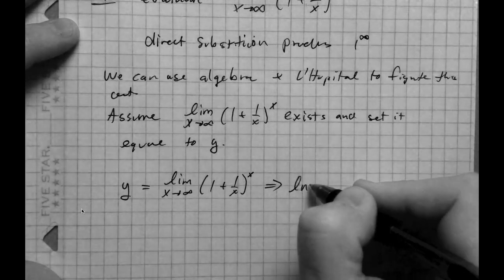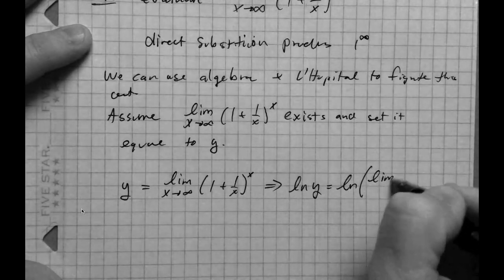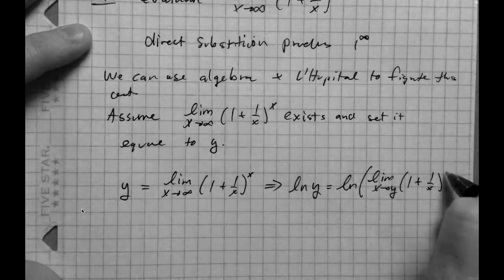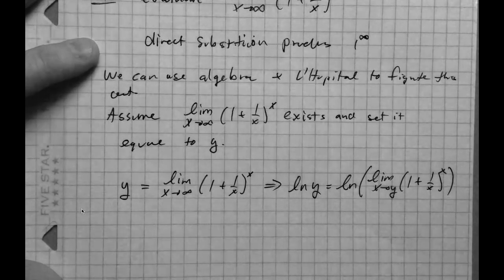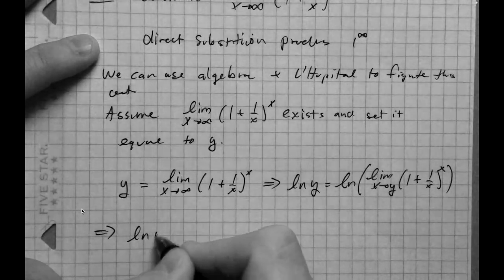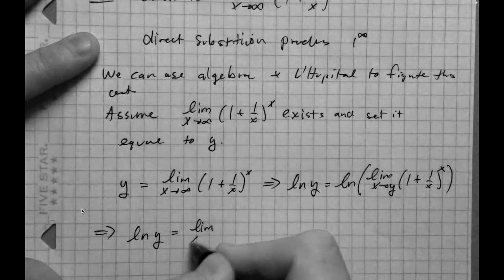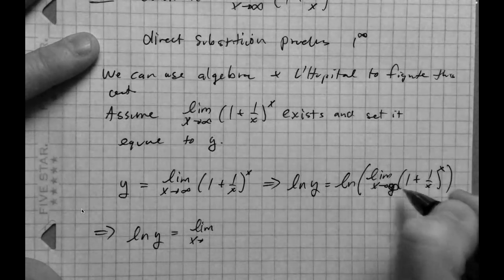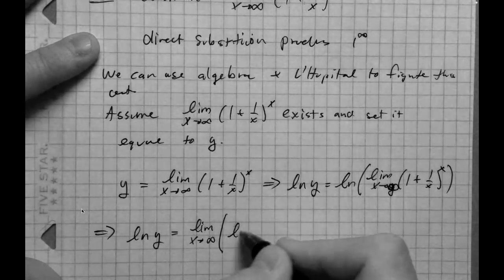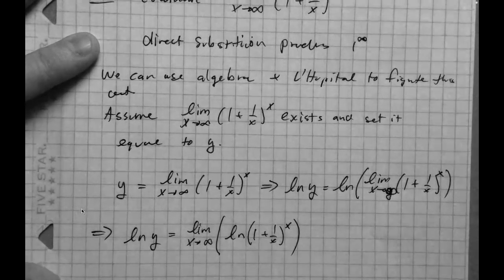So if I take the natural log of both sides, then it's perfectly legal for me to say that now I have the natural log of y equals, and I can swap these two, the limit as x approaches infinity, this should be infinity, not y, of the natural log of 1 plus 1 over x to the x.